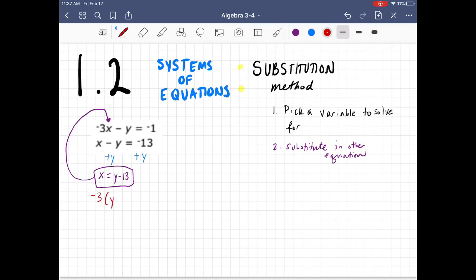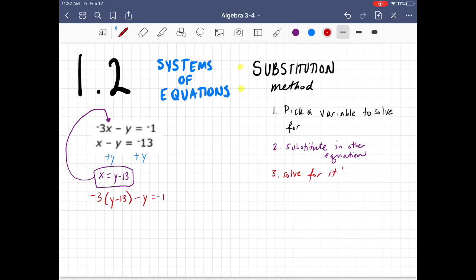So now I've got -3. Instead of x, I'm writing y minus 13 because that's the same thing as x. They're equal. So I'm plugging it in right there for the x. And then finishing it up: minus y equals -1.